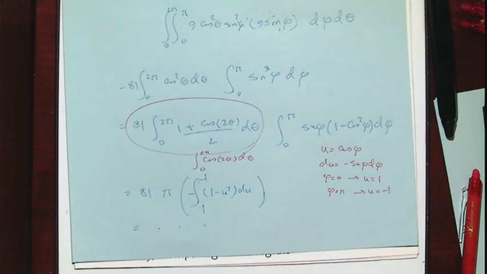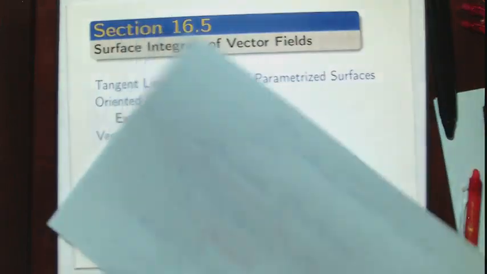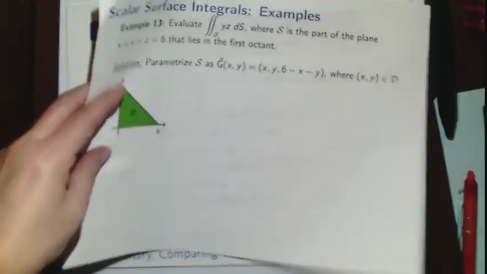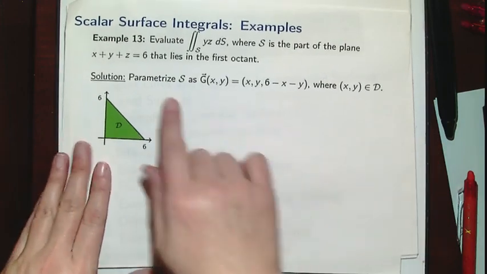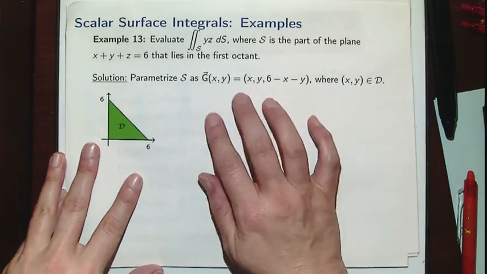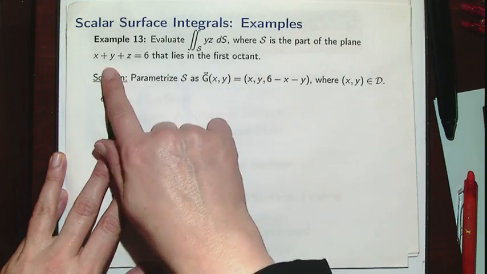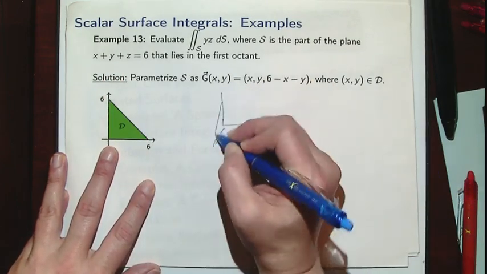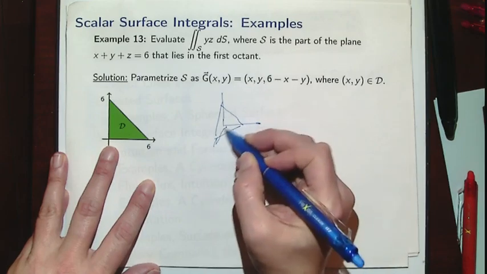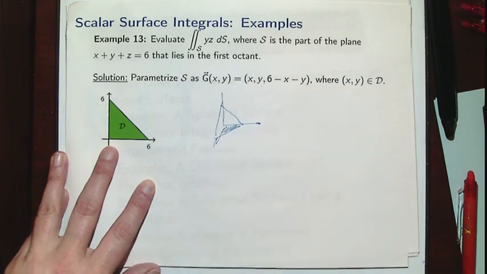So can I talk about this very briefly? I'm not going to do the entire problem. This problem is kind of special because you see that so far all my bounds were constant, but it is not true that all bounds are constant. For this specific case, you can see that the bounds are not going to be constant because you have this surface and the region is right down there.